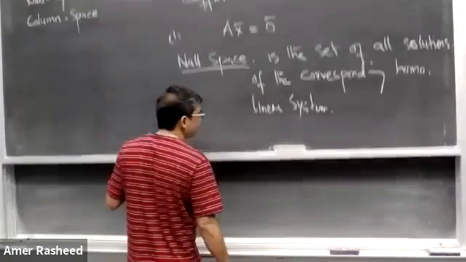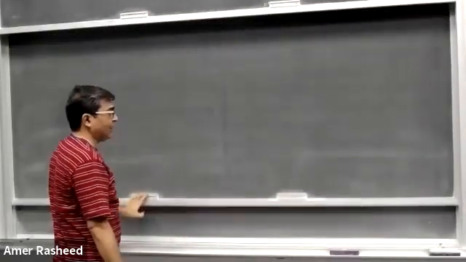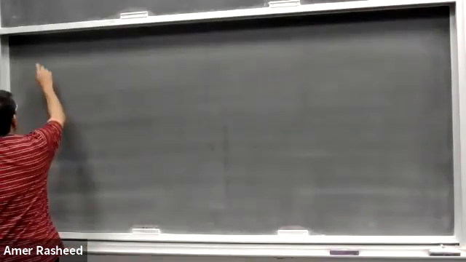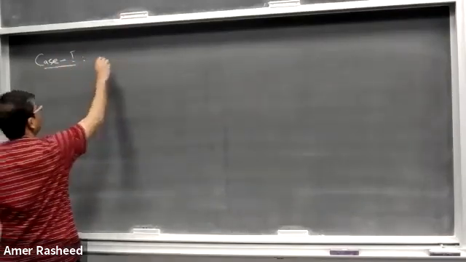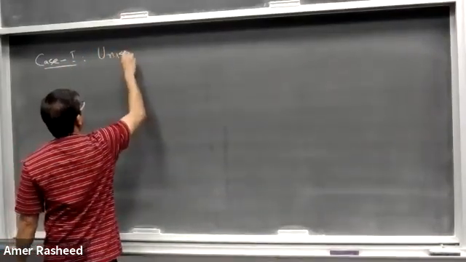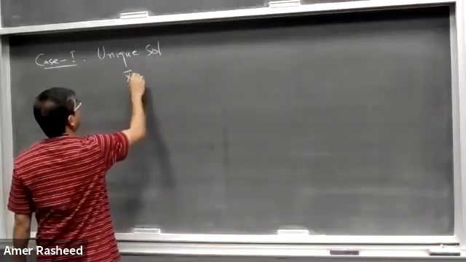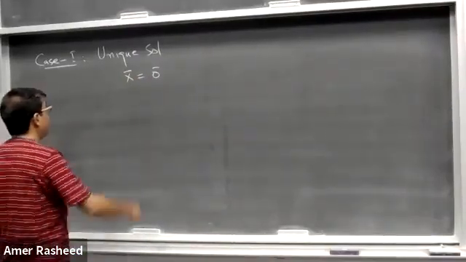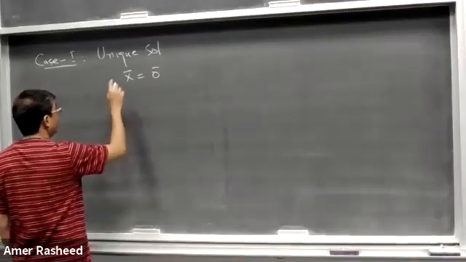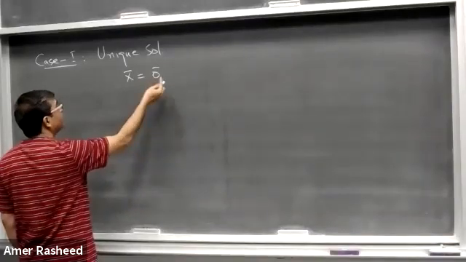In that case, this null space will contain only one vector. So there are two cases. Case one: unique or trivial solution. In that case, x = 0 is the only solution of the corresponding linear system. When does the unique, trivial solution exist?